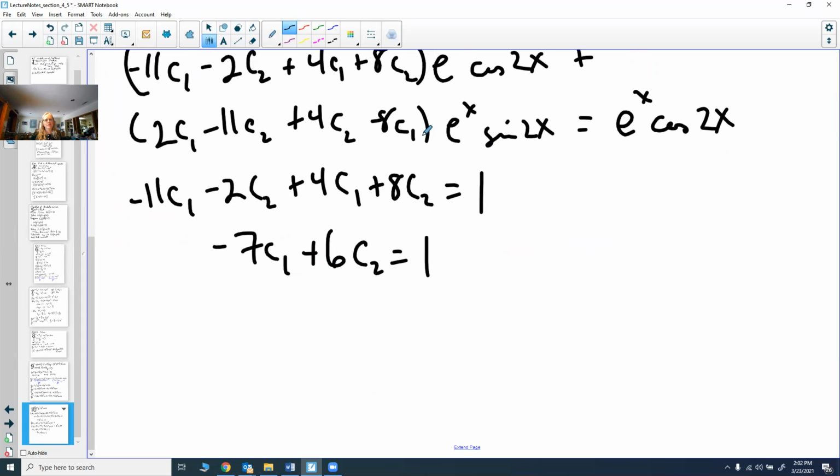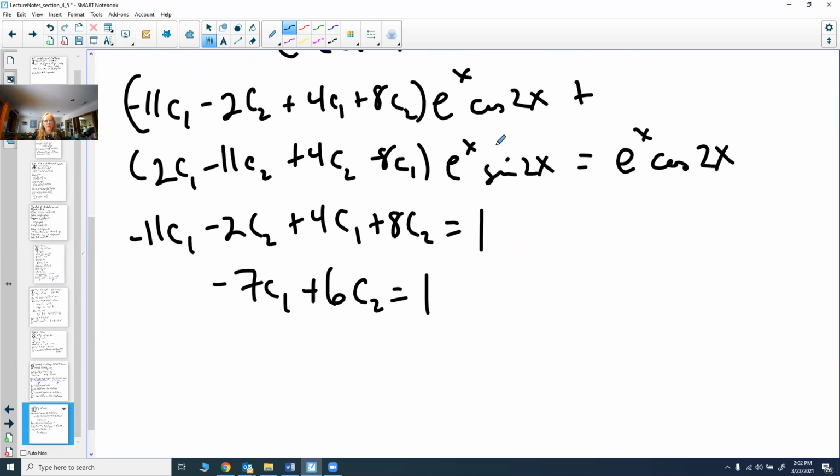And the coefficients of the other function, e to the x sine of 2x, have to equal the coefficients of that same function on the other side. But there isn't an e to the x sine of 2x on the other side. So it must be 0. So that must mean 2c1 minus 11c2 plus 4c2 minus 8c1 has to equal 0.